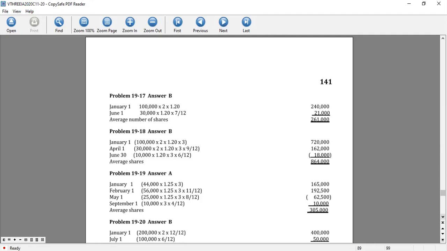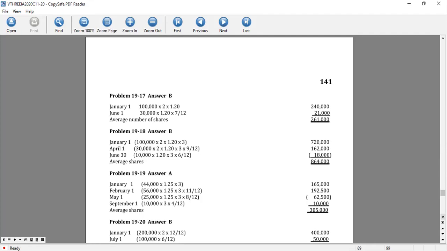Then on June 1, we issued 30,000 additional shares. So 30,000, we multiply by 1.2 because of the share dividend on September 1, times 7 over 12 from June 1 up to December 31.